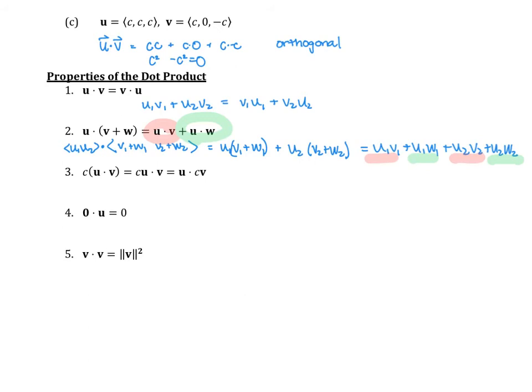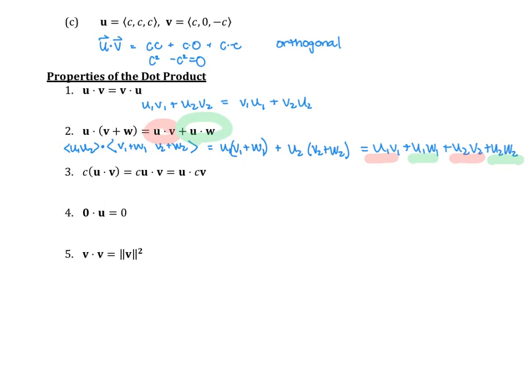The third property is pretty self-explanatory: if I take a scalar c and multiply it by the dot product of u dot v, it would be equivalent to multiplying the scalar by u, then taking the dot product, or multiplying u dot the scalar times v. A couple others.